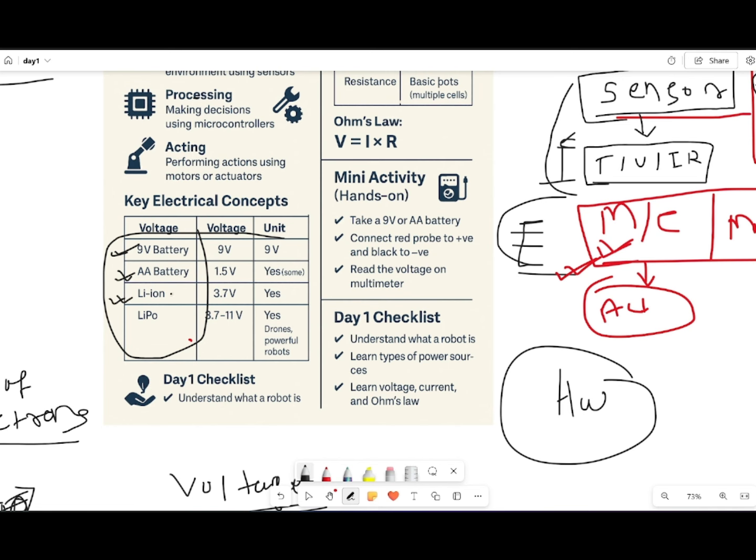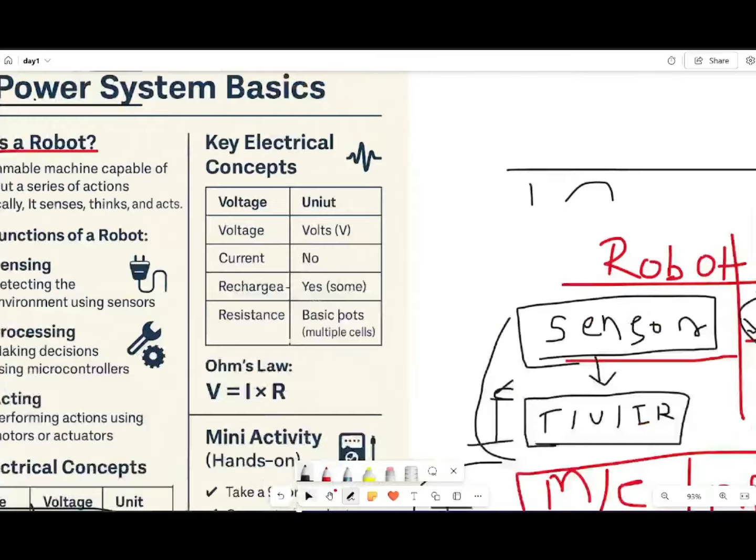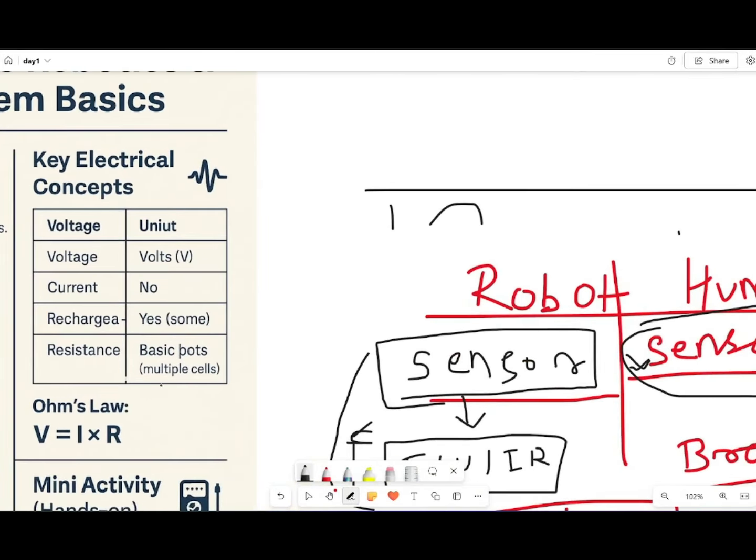Then we have a lithium ion battery, which comes in 3.7 volts. And we have a LiPo battery, 3.7 volts to 11 volts, which we basically use in drones and powerful robots. Clear? Now I think we are clear about voltage and current.